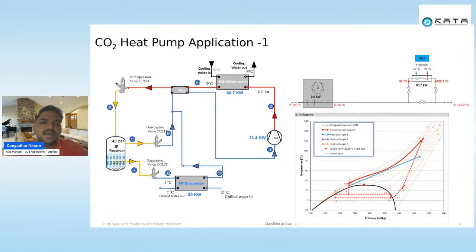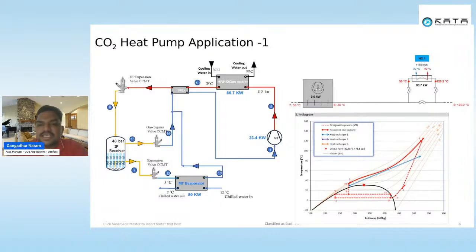Similarly, in the same plant, the customer also has a requirement for chilled water. Then instead of taking two separate systems, one heating boiler for the heating, and a freon chiller for the cooling, if we consider the CO2 heat pump, the single CO2 heat pump can generate 90 degrees hot water temperature and 7 degrees chilled water temperature at a time.